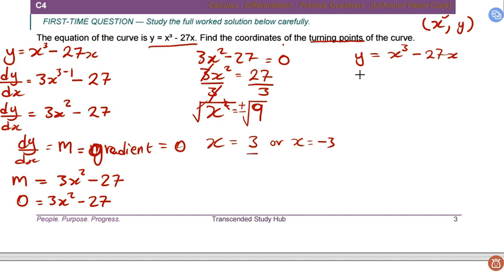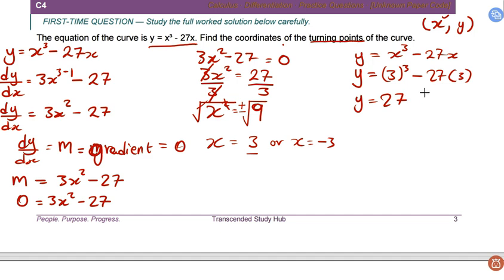When we use positive 3, y will be 3 to the power 3 minus 27, open the bracket, 3. When you say 3 to the power 3, your calculator gives you 27.